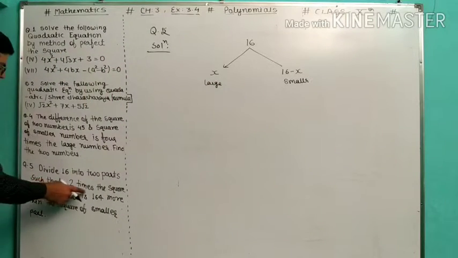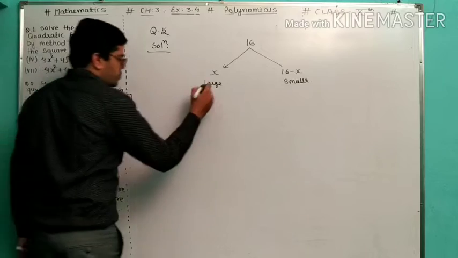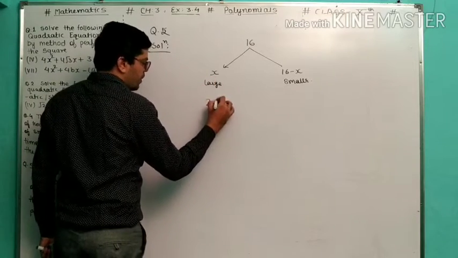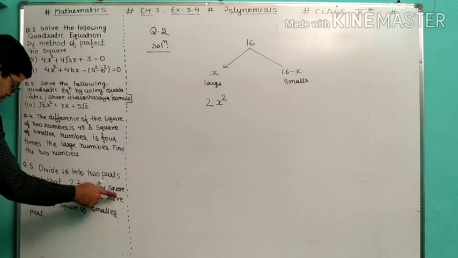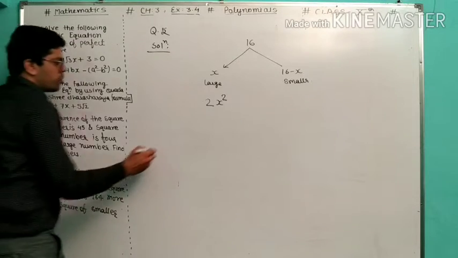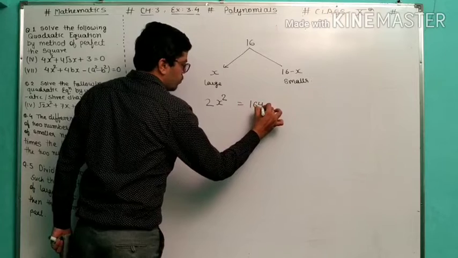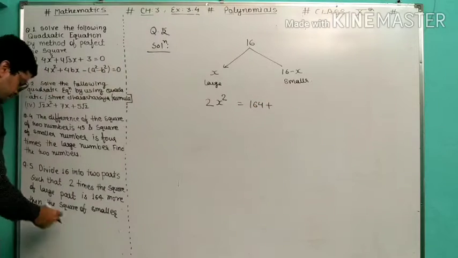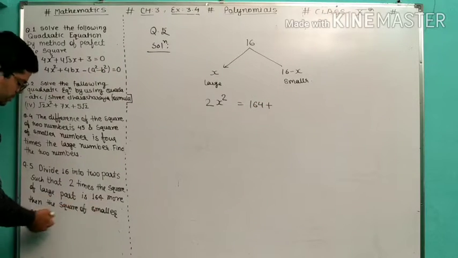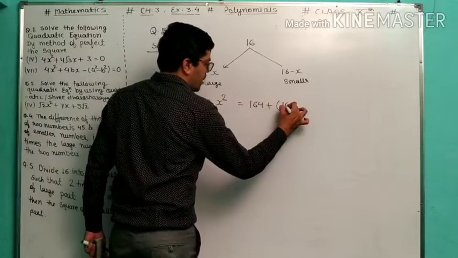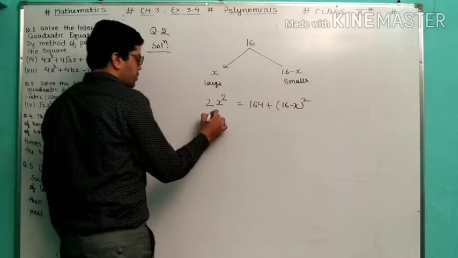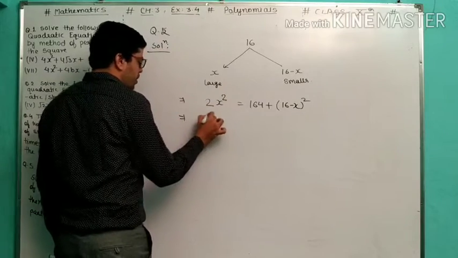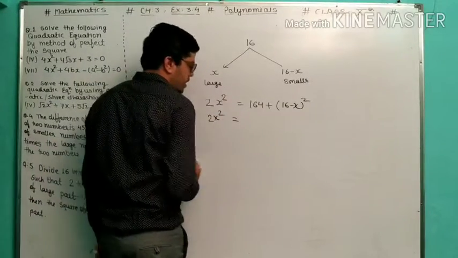Now, such that 2 times the square of the larger part is 164 more than the square of the smaller one. Square of the smaller one means 16 minus x whole square. So solve it. That is very easy. Only simple calculation, by using a quadratic equation you have to solve it.